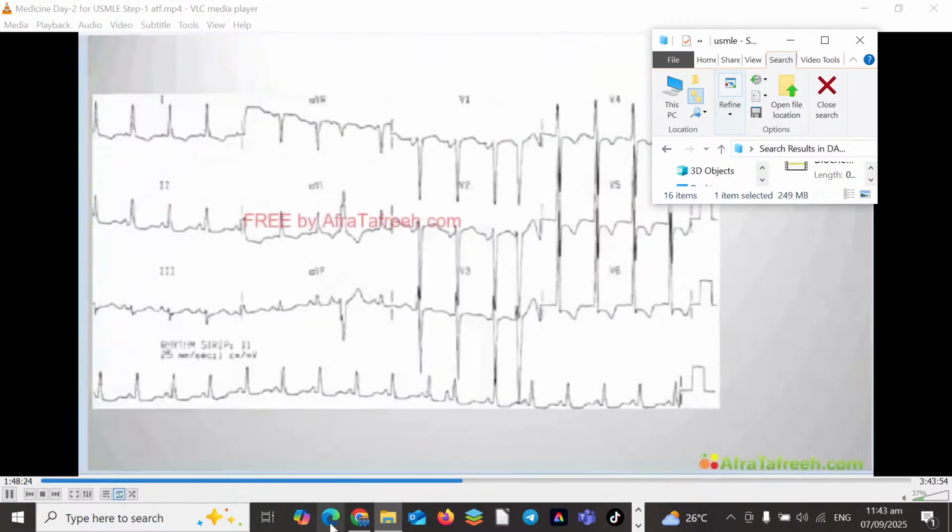Now look at this EKG. I want you to trace the premature contraction beat. Can you look at this beat here and this beat here and compare it with the preceding beat?